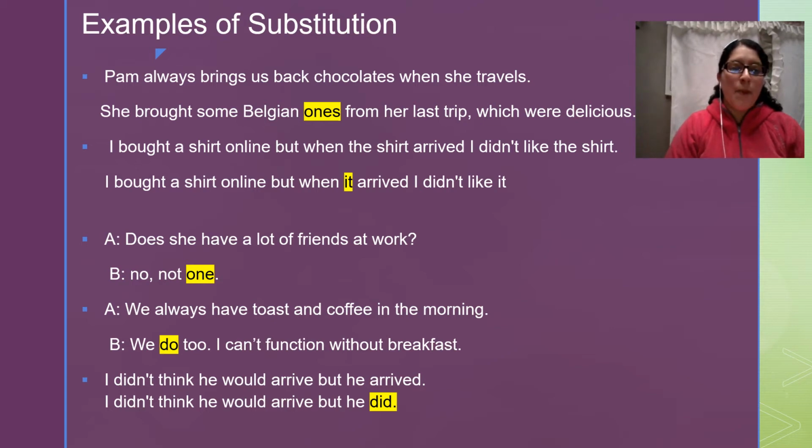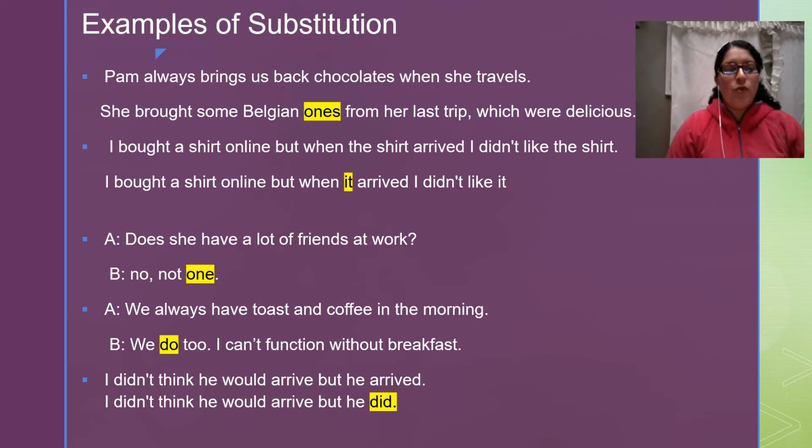I bought a shirt online, but when it arrived I didn't like it. So the noun shirt has been replaced twice by it. Third person pronouns are often used to refer to things in the text.